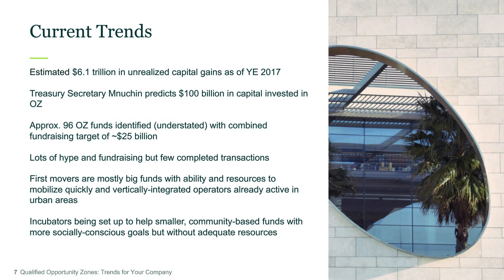If we look at some of the activity that's transpired since the legislation came out a couple years ago, there are about 96 identified funds that have been organized to invest in opportunity zones. And I would say this is definitely understated because these are really the funds that have been identified and are marketing to outside investors.